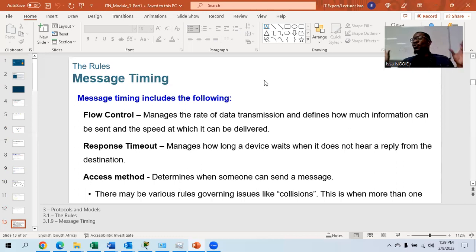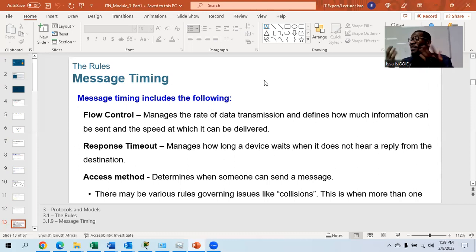When you have two computers, those two computers need to agree on how much information to be sent and the speed, right? So when you connect your computers, the way they are connected, they already agreed on what? Speed and how much information to be sent.